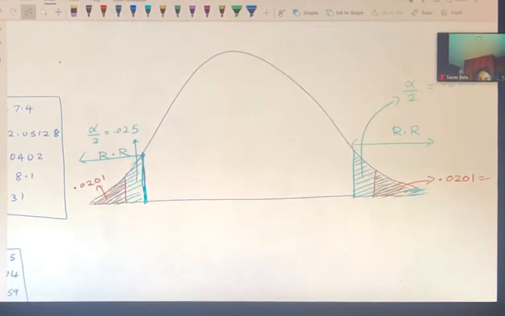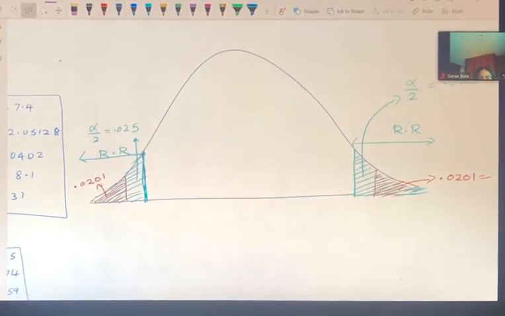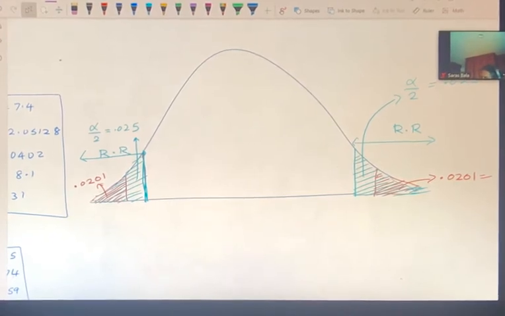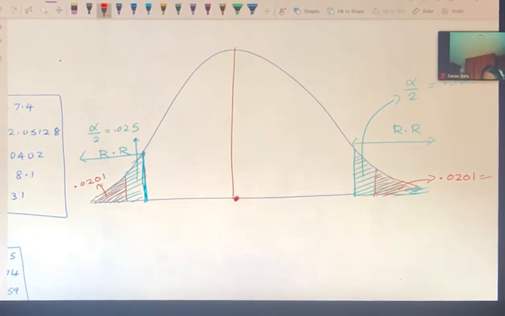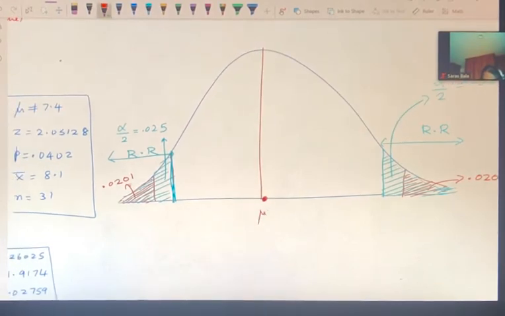So this is the diagram. The center is right here, which is going to be your mu equal to 7.4. With your two-tail test, it's going to be on either side. So mu less than mu sub 0, and this is going to be mu greater than mu sub 0.